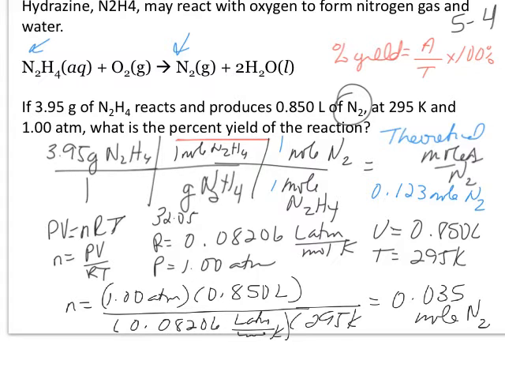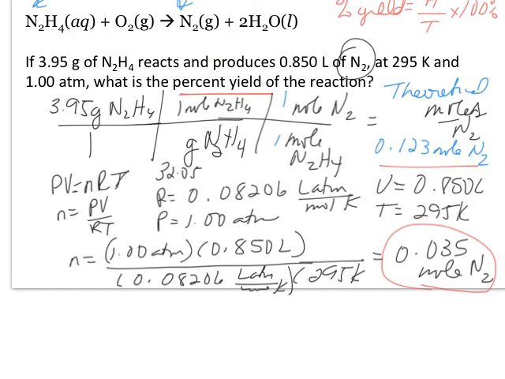Now that number should be less than our theoretical, and it is. So now that's a good sign, and we check to make sure our units cancel out, so we did everything correctly. And yes, we're given moles.